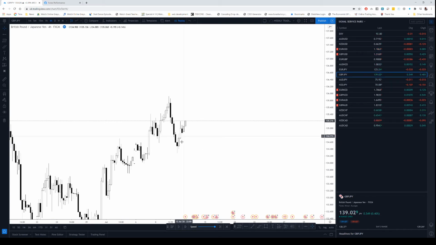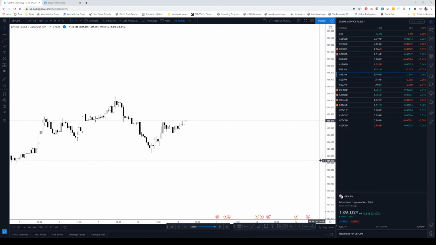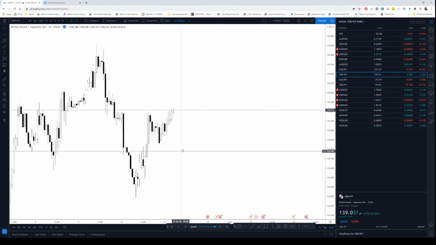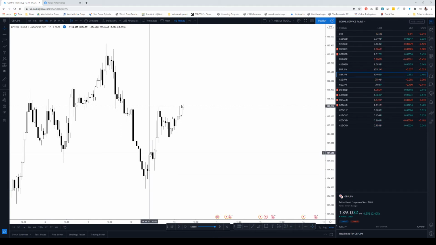With this retracement, if you drop down to the 1-hour, you're going to see a different trend. So we had a low, we had a high, we had a low, and then we closed above this high. So on the 1-hour we are bullish, but on the 4-hour we are still bearish.